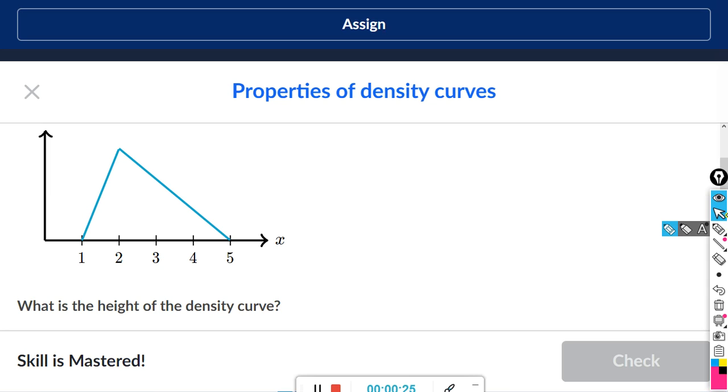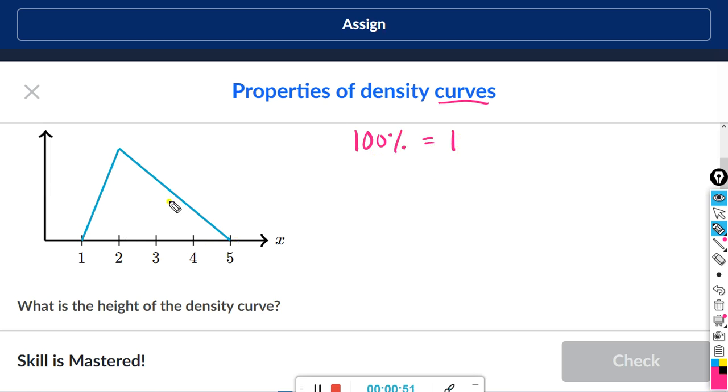Okay, so the thing you want to understand here is that this, I know it's not really a curve, but this curve represents 100%. And of course, if you convert 100% to a decimal, that just equals 1.